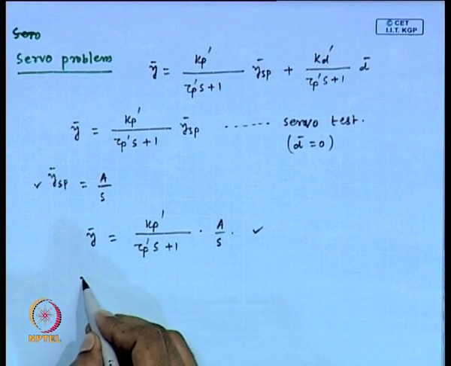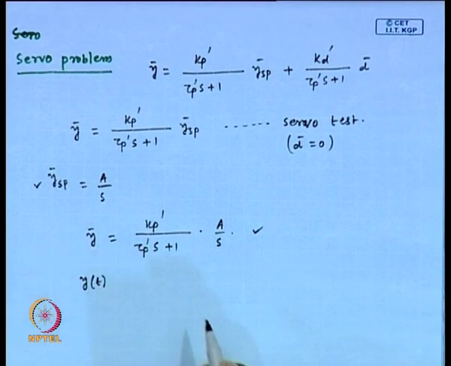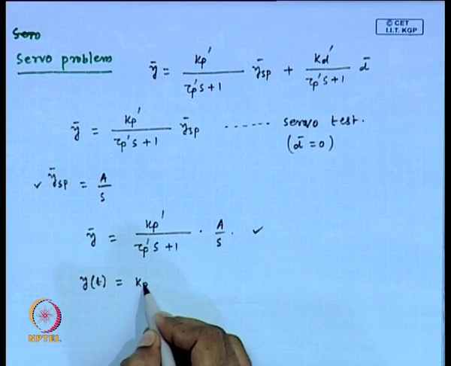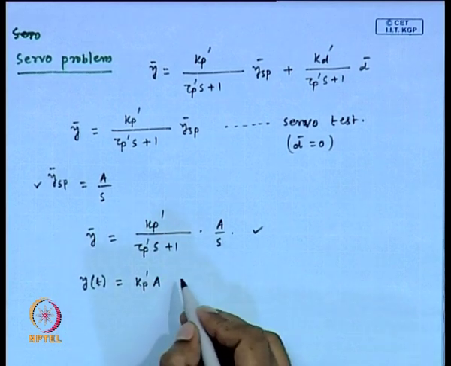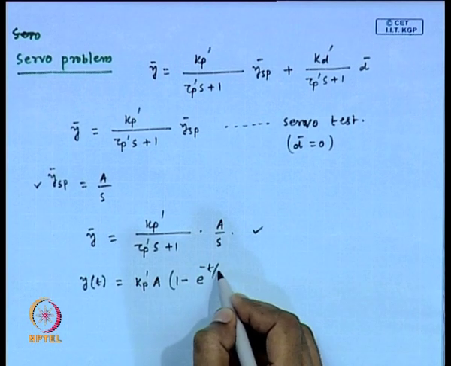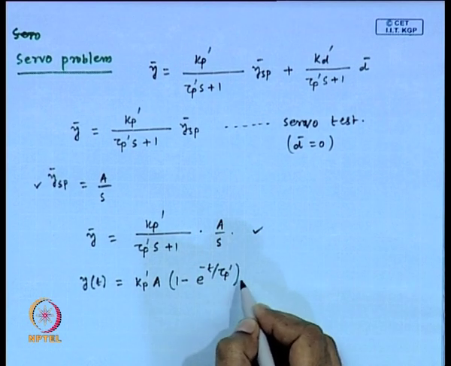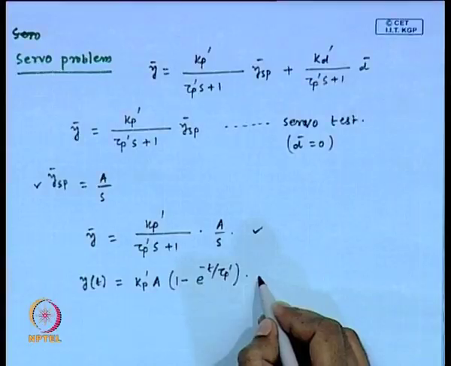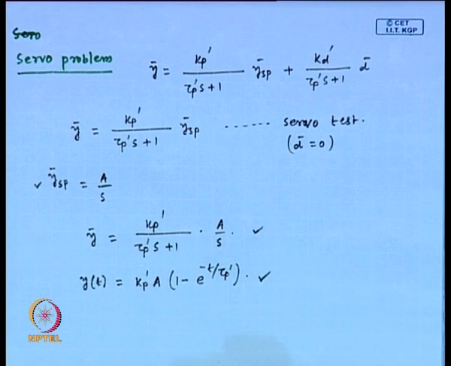Now, if we take the inverse of Laplace transform, we get y(t) is equal to Kp prime A times 1 minus exponential of minus t divided by tau p prime. Taking the inverse of Laplace transform, we get this form of y in time domain.